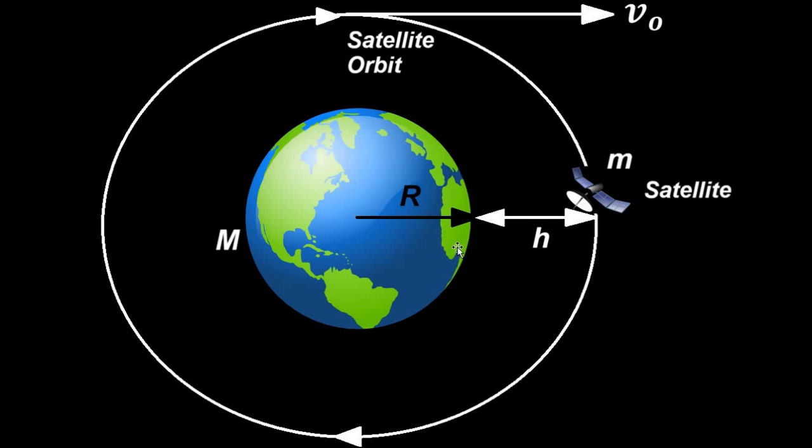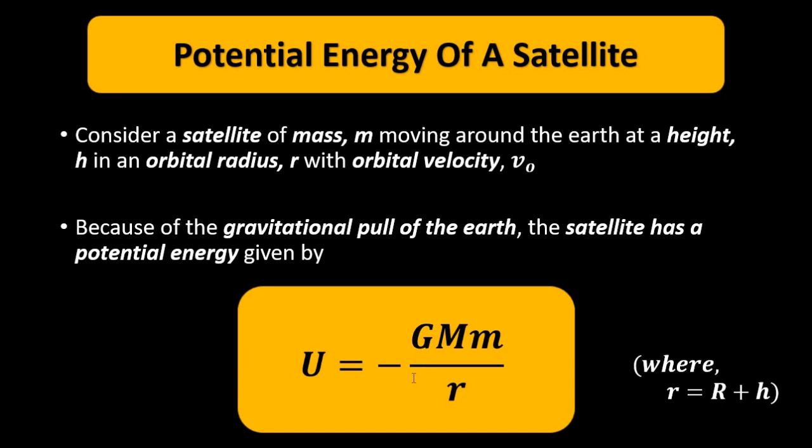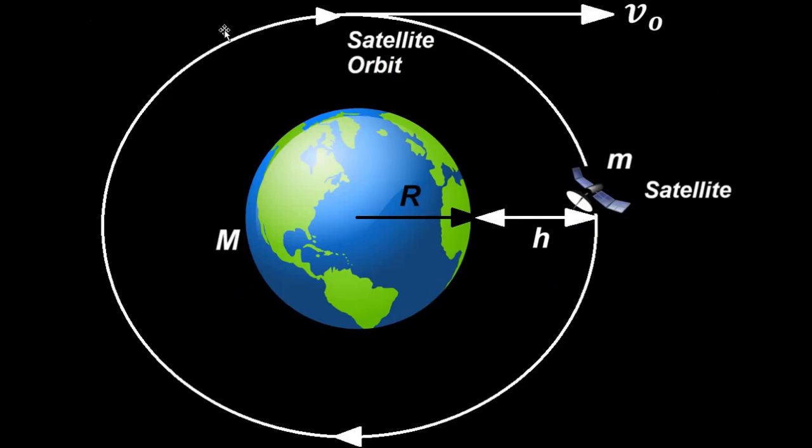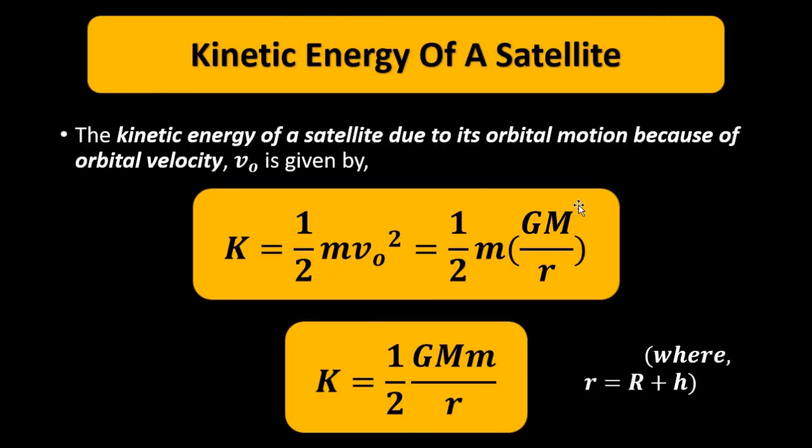Using that analogy, the gravitational potential energy of a satellite orbiting around Earth will be equal to minus capital G capital M small m by small r, where small r is the total separation distance capital R plus small h. Similarly, because of the orbital velocity, which is the velocity acting tangentially at every point on the orbital path, the satellite has a certain kinetic energy.